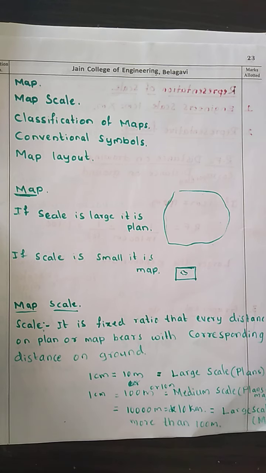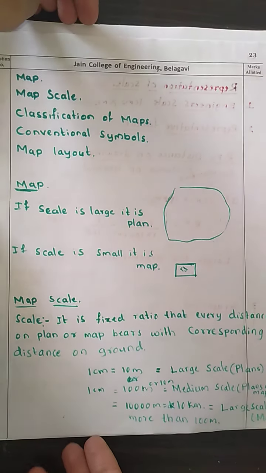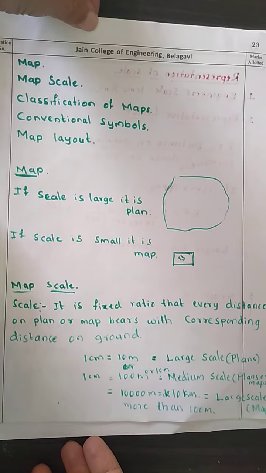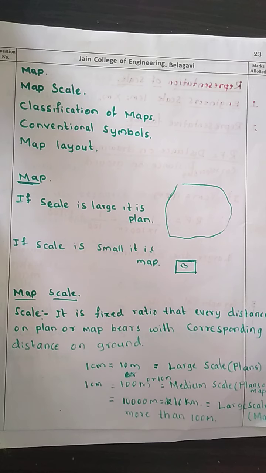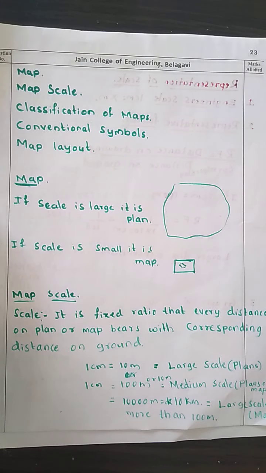In today's class, we are going to discuss how those particular units will be utilized in the subject of surveying, or as a civil engineer, how we are going to utilize those units when we prepare a map or a plan.